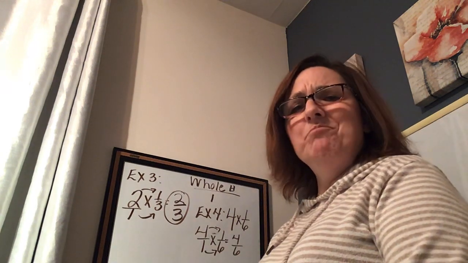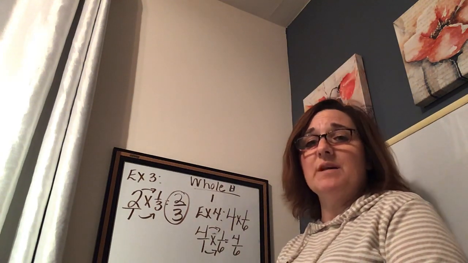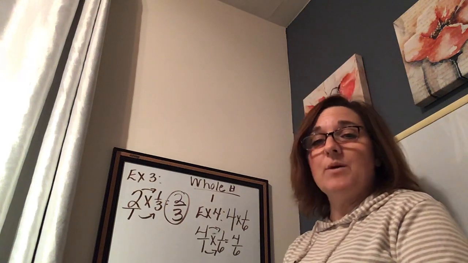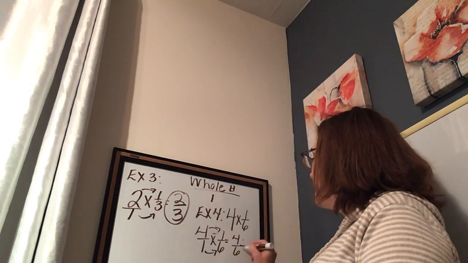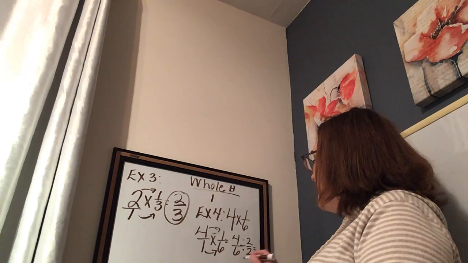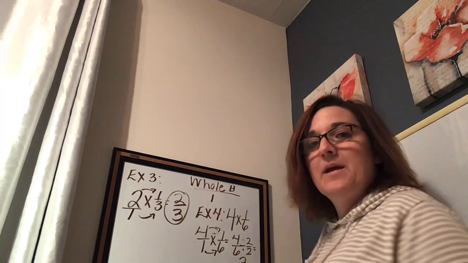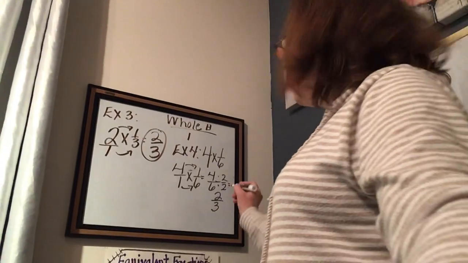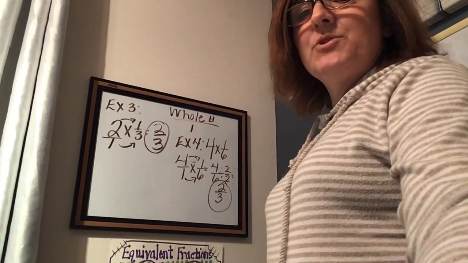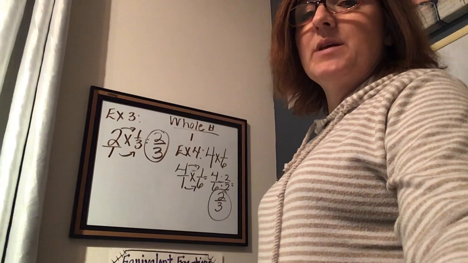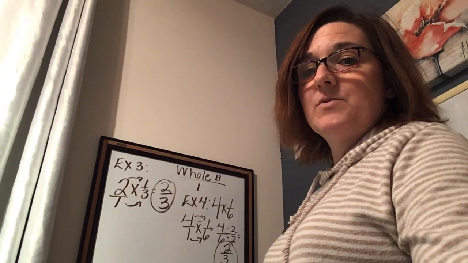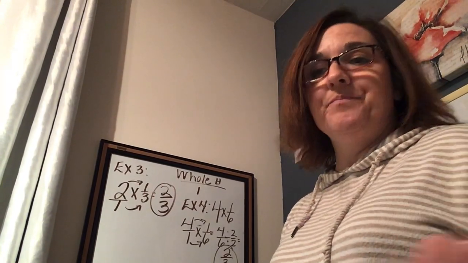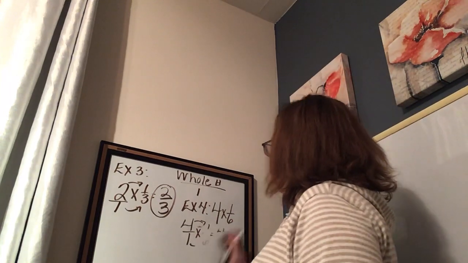So you look at that and you say, even though it's pretty small, they're even, which means 2 is a common factor. So I'm going to divide by 2. Can you see that? My answer is 2/3. 4 divided by 2 is 2. 6 divided by 2 is 3. So that is my final answer for that one. Let's do another one.